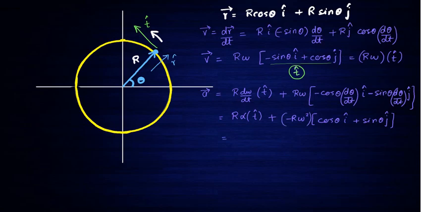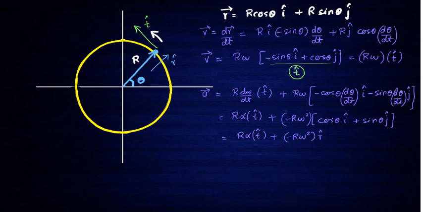So if you elaborate, you get R alpha t cap. This acceleration component R alpha is along the tangent, and hence it is called the tangential acceleration. It is responsible for changing the tangential velocity along the circumference. Plus minus R omega square r cap.